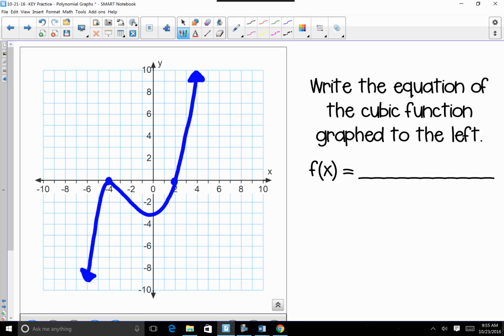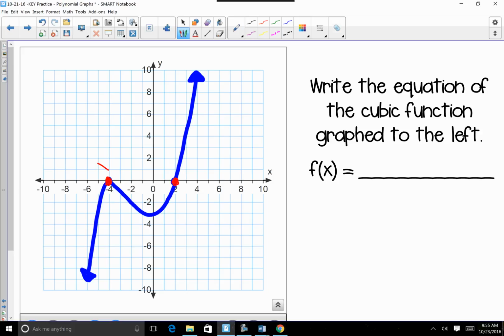All right, so we used the factored form of each equation to tell us our x-intercepts or our zeros, right? And those are the places where you cross the x-axis, correct? So if we look right here, I see two places where I'm crossing the x-axis.